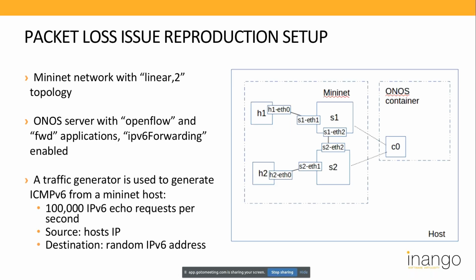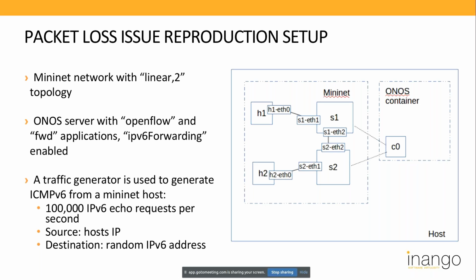We observed that during an ICMPv6 packet flood, ONOS can lose information about links between switches. We succeeded in reproducing this issue in a small setup.